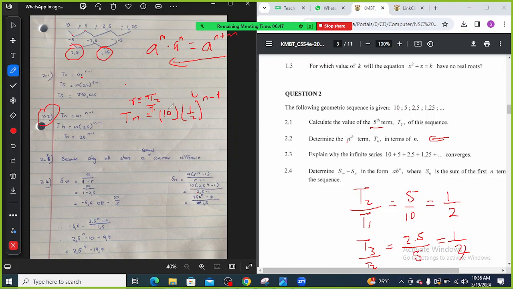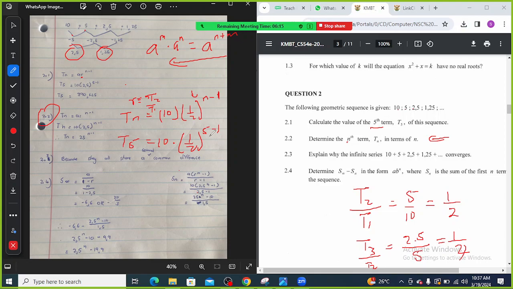Now once you have your equation, just find T5, which is 10 times (1 over 2) to the power 5 minus 1. Please calculate this and find the fifth term. You can do this on your question paper; you don't have to show it on your answer sheet.